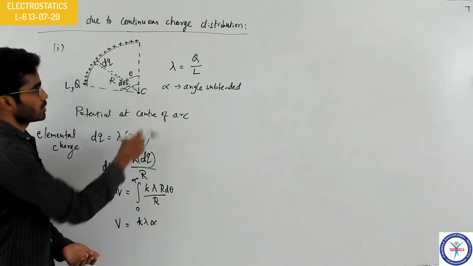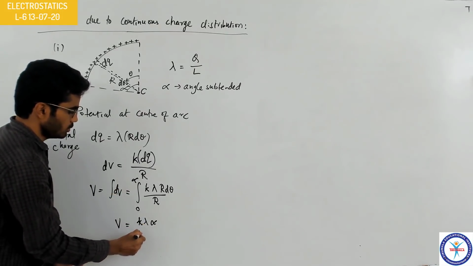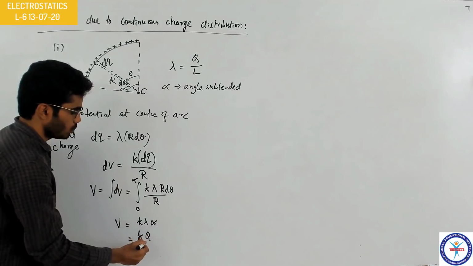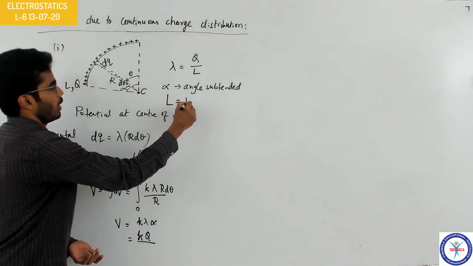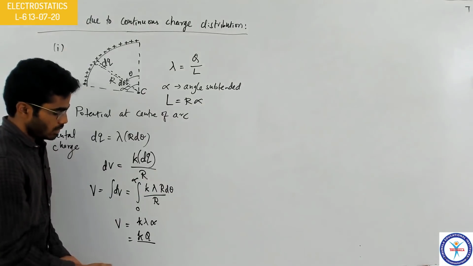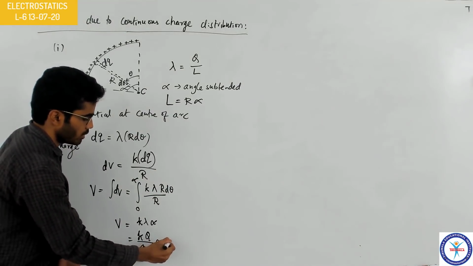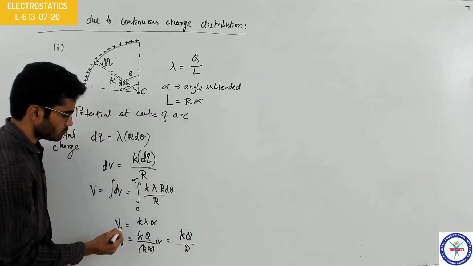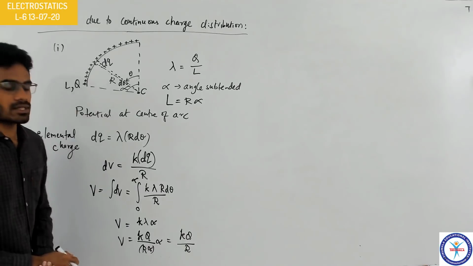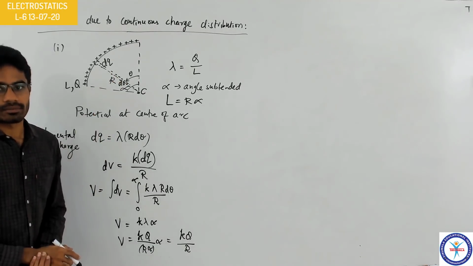But lambda is q by L, that is k q by L, and L is r alpha. So this is r alpha into alpha. This gives you kq by r. You notice this, the potential is coming out to be kq by r.